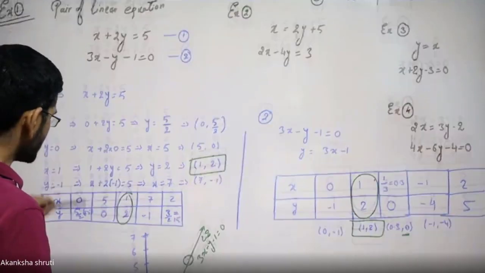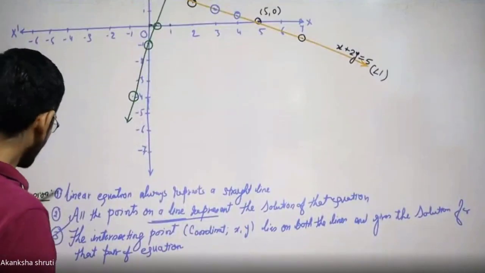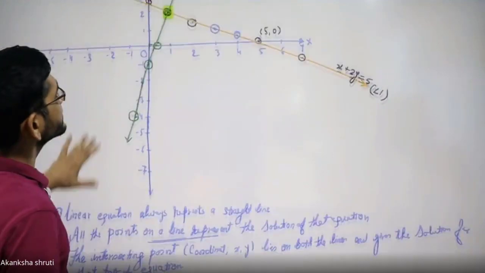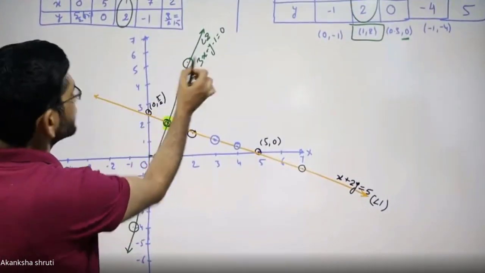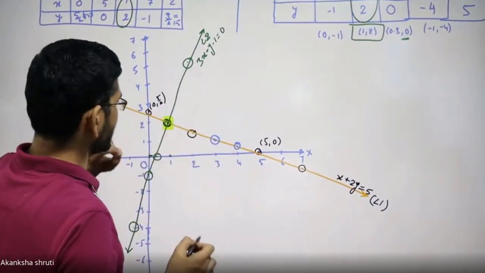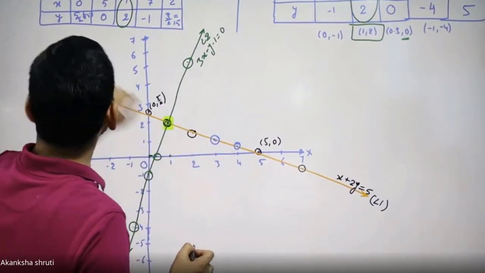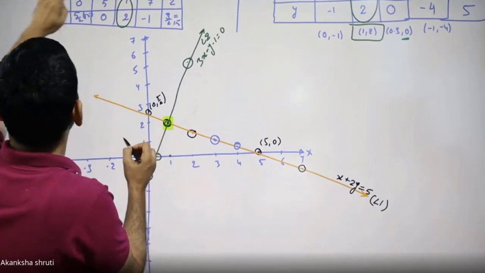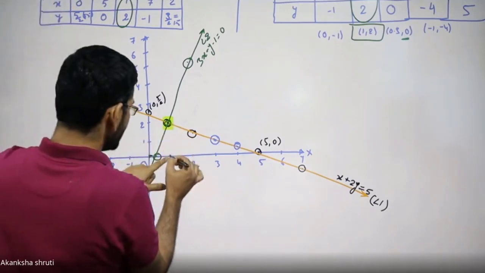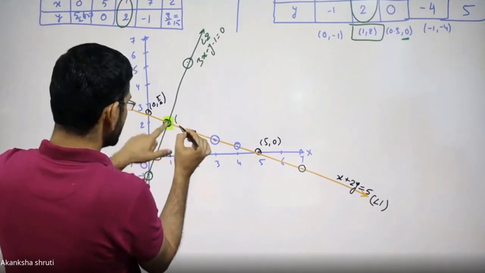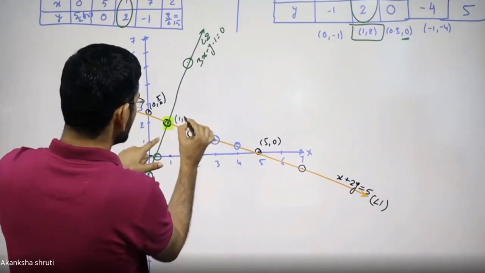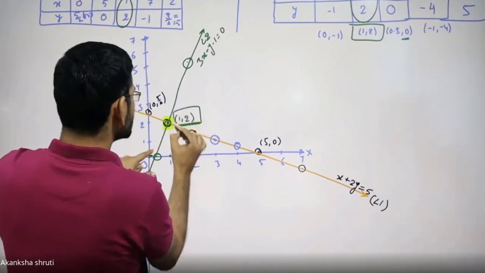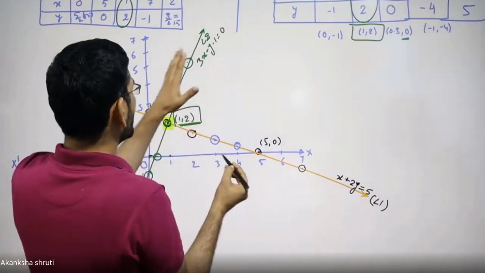So students, till now we have noted this. From this third point, we can get the solution of equations 1 and 2 from this graph. So what is the coordinate of this point? Here the coordinate of this point is x is 1, y is 2. So this 1 and 2 is a solution for both of these.